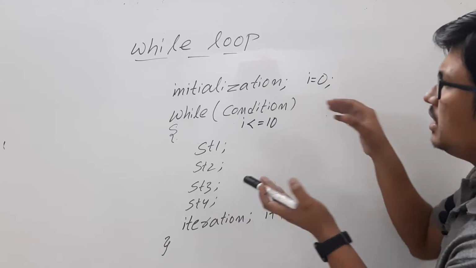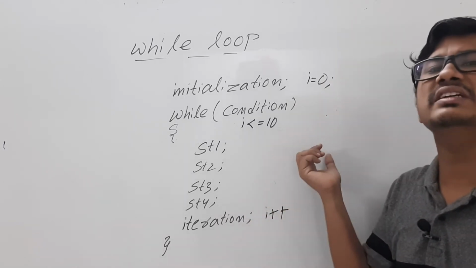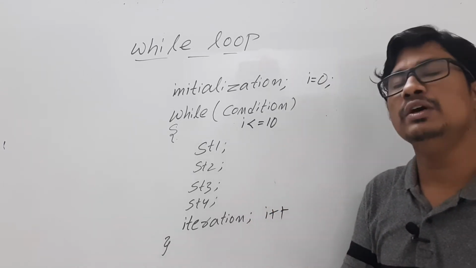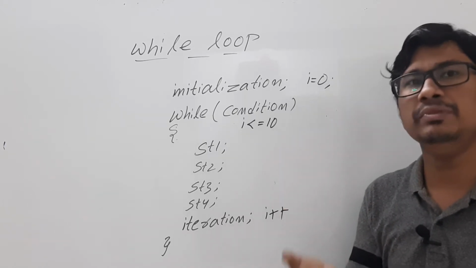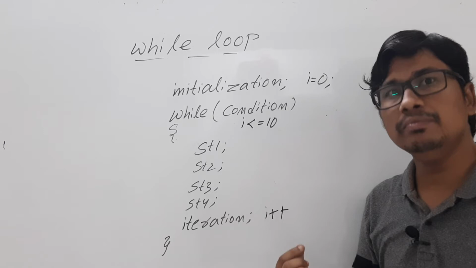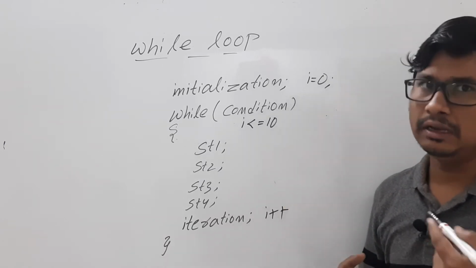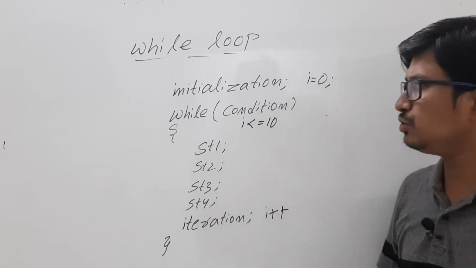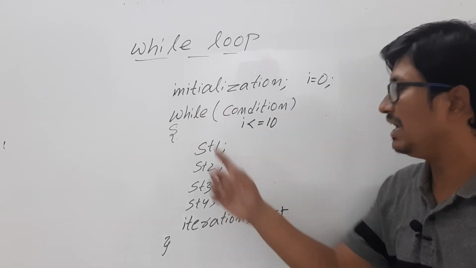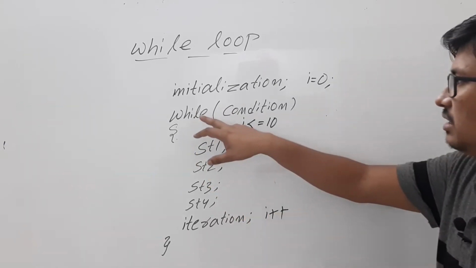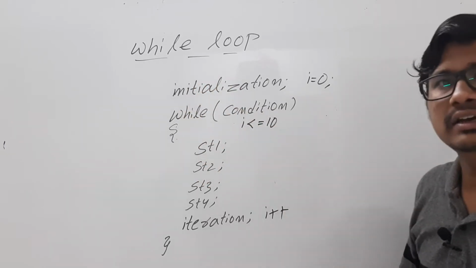So it is similar to the for loop, but only the syntax is different. In the for loop you have the for keyword, initialization, semicolon, condition, semicolon, and then the iteration. But the for loop can also be written in a similar way to the while loop.